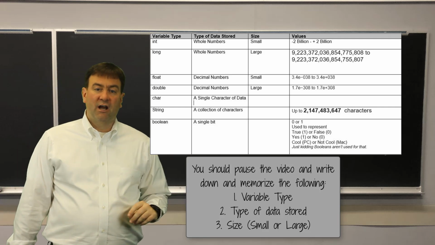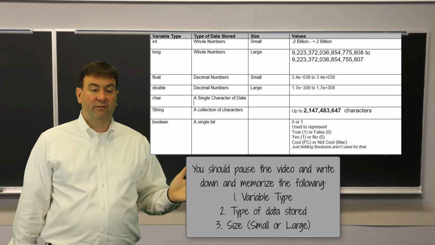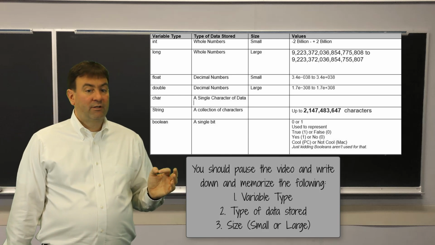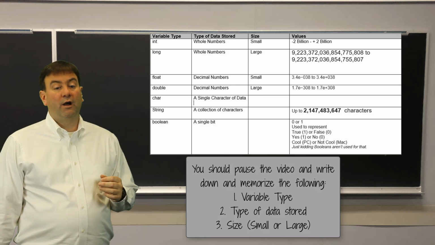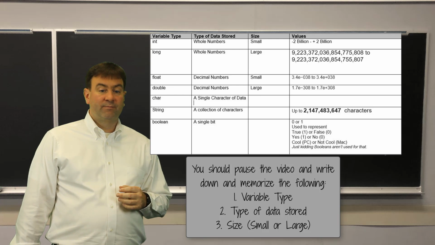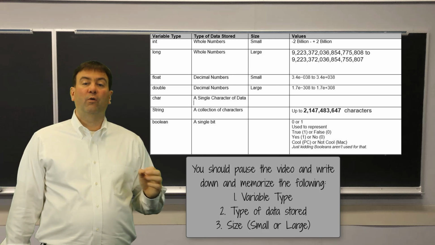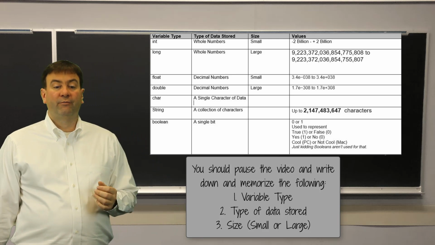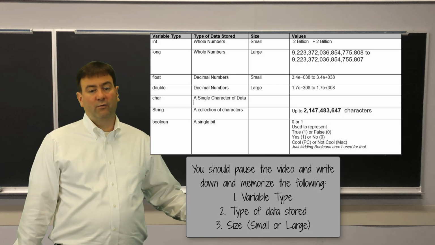Char, C-H-A-R, is a variable type that holds single characters like A, B, C. String, with a capital S, contains a collection of characters. It can go up to about 2 billion characters. Boolean is a single bit. It's a 0 or a 1. It can be used to represent true or false, yes or no, cool or not cool.